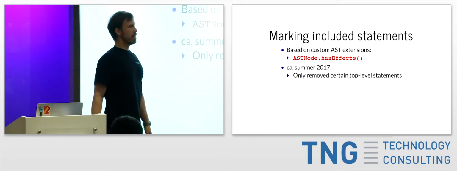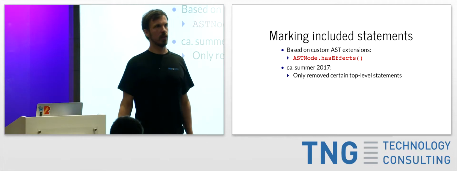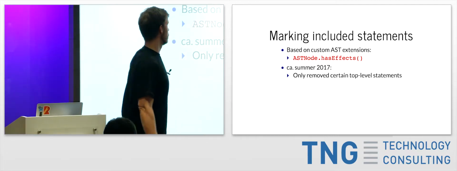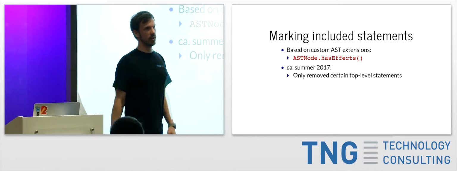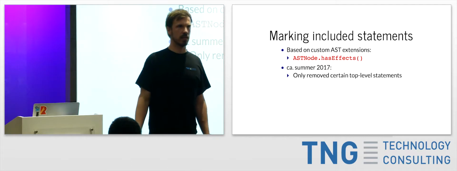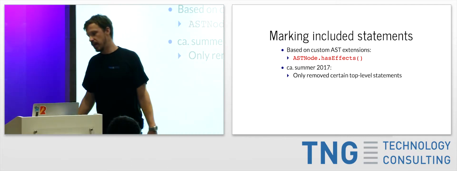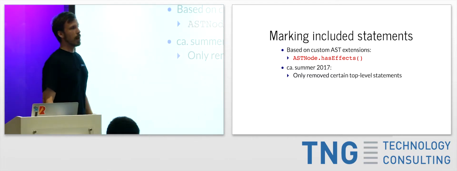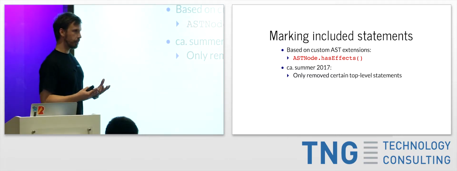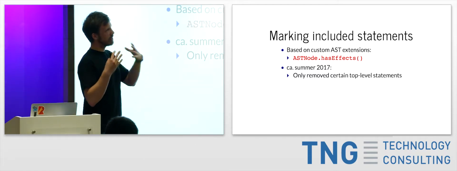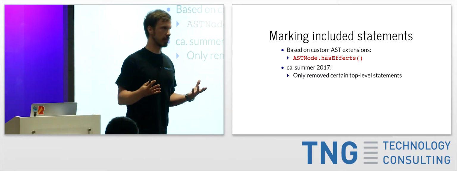What was a little sad is that it was, for some reason, only removing top-level statements because, I don't know, the original creator thought this is the most important one. It probably is the most important. But it, of course, skips many improvements that are possible. And the other thing is, when you have a function that calls other things, it would be nice to identify a function that doesn't have a side effect so that you can remove more code.